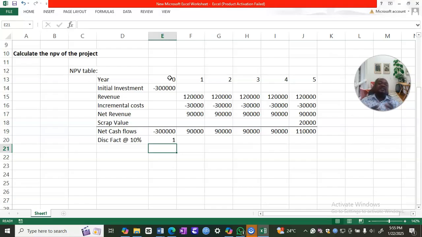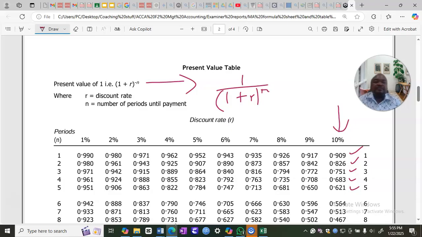So you have seen that in year 0, the discount factor is always going to be 1.